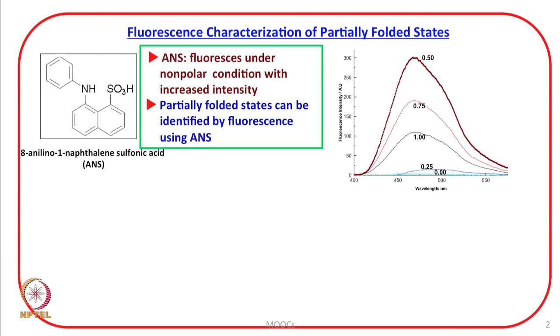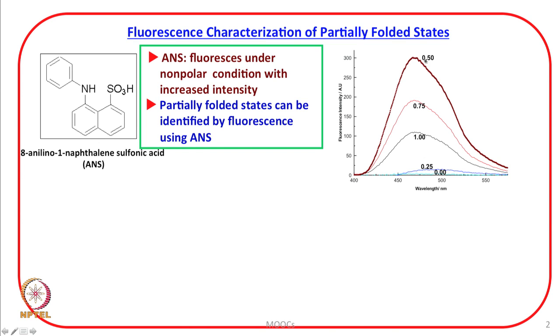What happens is, when ANS binds to the partially folded states or non-polar clusters, the emission intensity becomes way high. The fluorescence emission intensity of ANS, for example, in this particular case, where the concentration of the additive is 0, is here, and 0.5 molar of hexafluoroisopropanol induces molten globule state in protein.